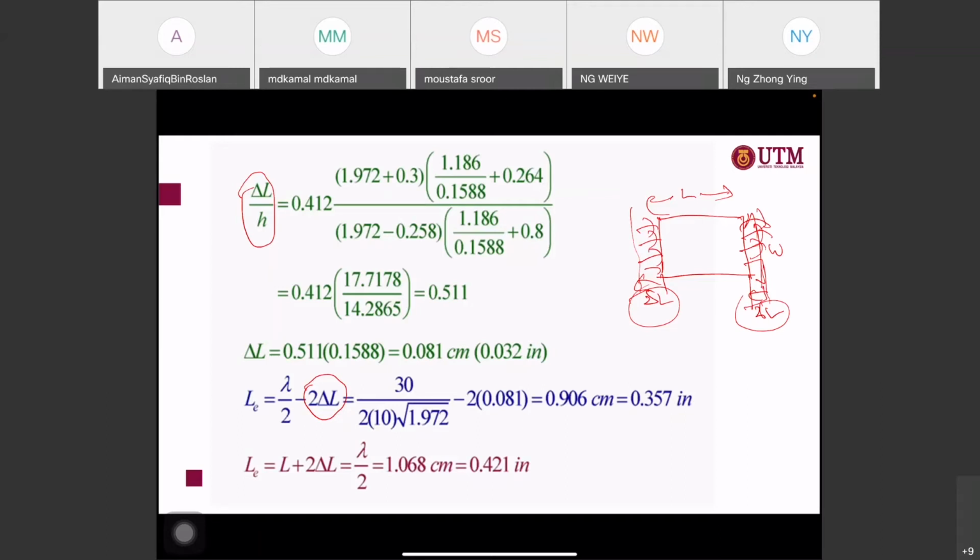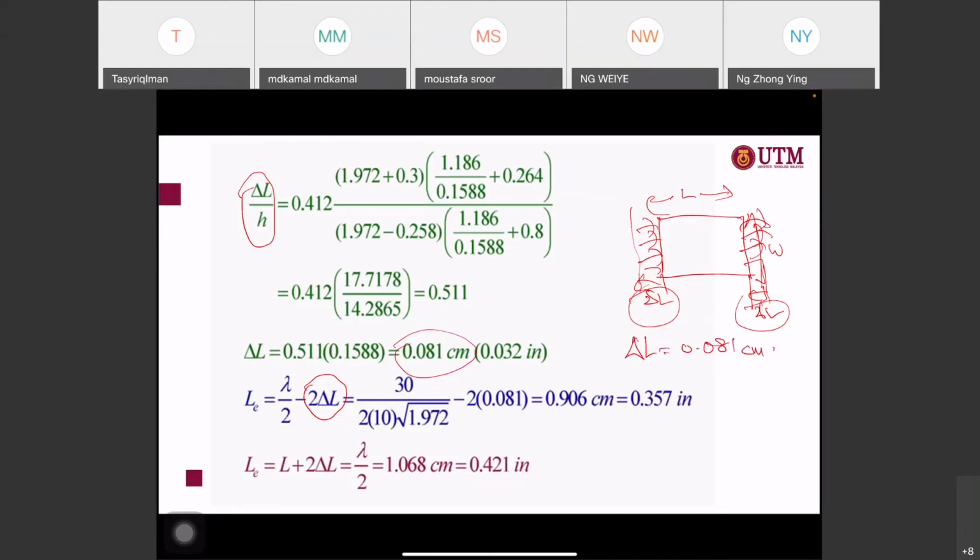The fringing field value usually is very, very small. Now you want to find your delta L here. If you calculate it, your delta L is equal to 0.018 centimeter.